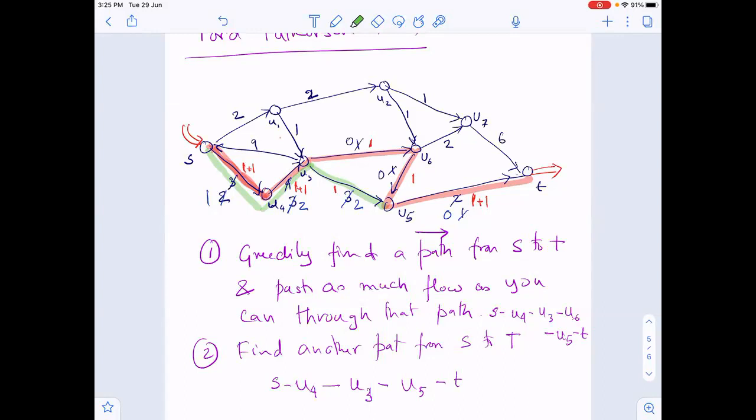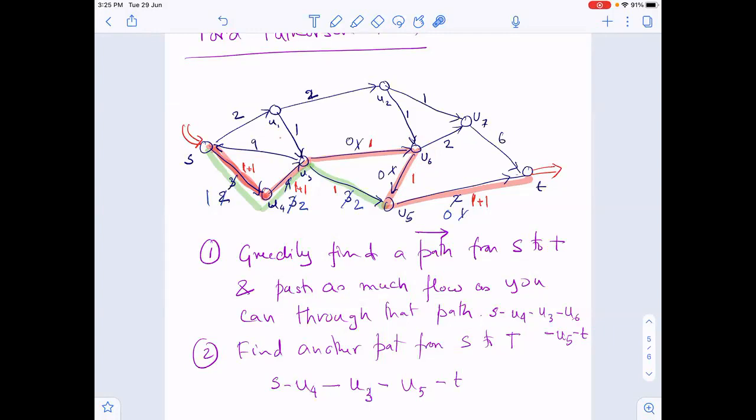So what can I do? It's like U6 is giving 1 unit to U5. Right? So what U5 can say is, okay, see, why don't you do one thing? U6, you keep this that is coming from your side, why don't you keep it to yourself?